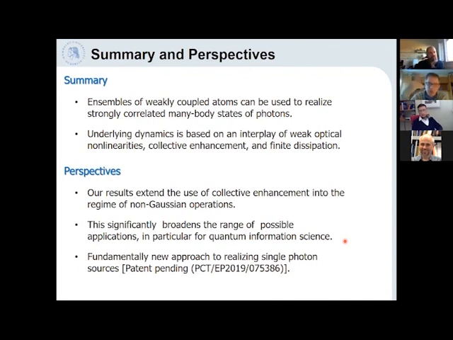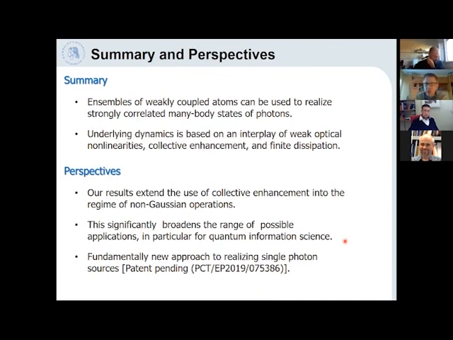So in principle, this scheme would also work for realizing anti-bunched X-ray photons with very weakly coupled nuclear transitions in atoms, just as an example. Okay, so we think that this may be superior in regimes where no strongly coupled emitters are available.